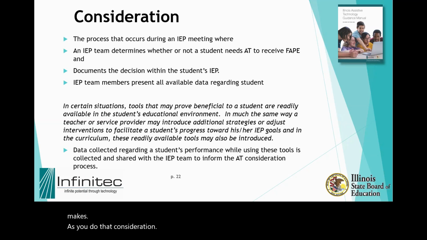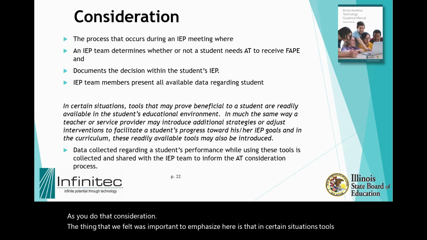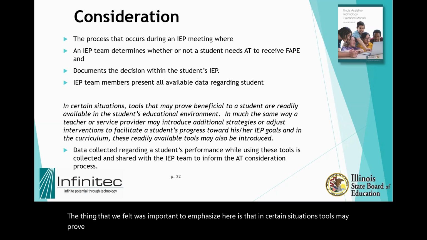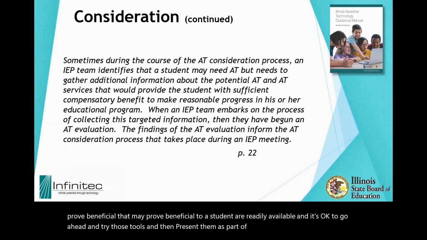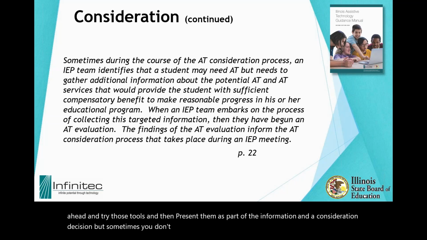The thing that we felt was important to emphasize here is that in certain situations, tools that may prove beneficial to a student are readily available. And it's okay to go ahead and try those tools and then present them as part of the information in a consideration decision. But sometimes you don't have enough information.